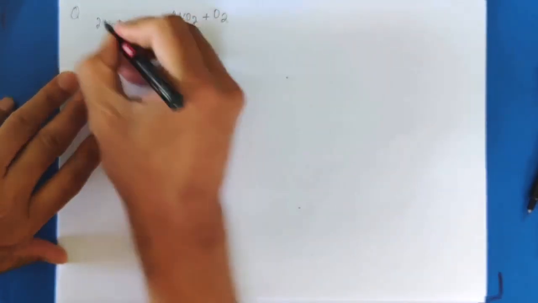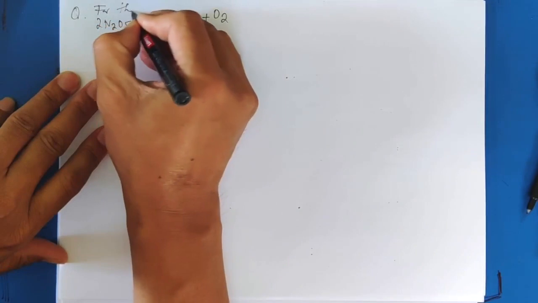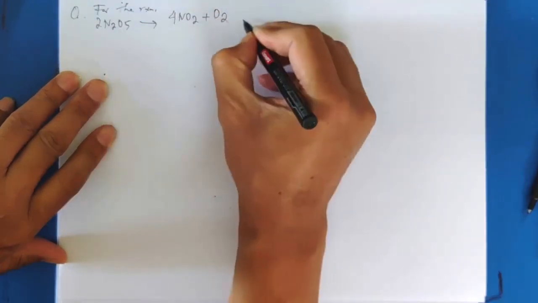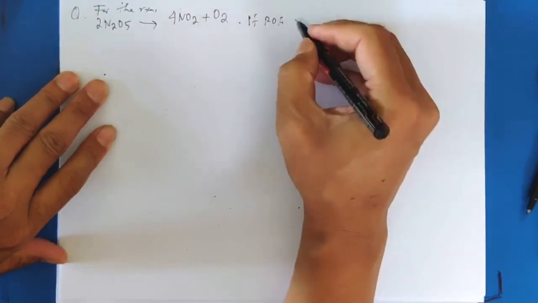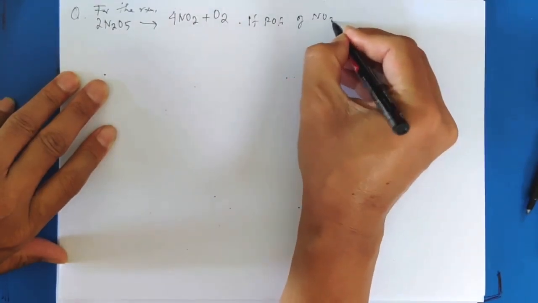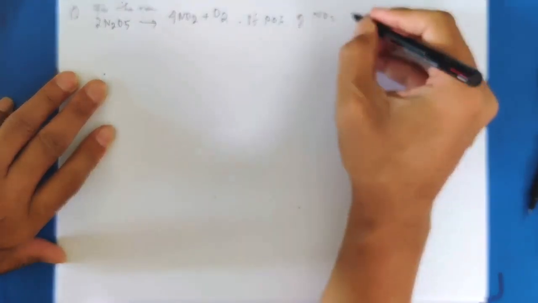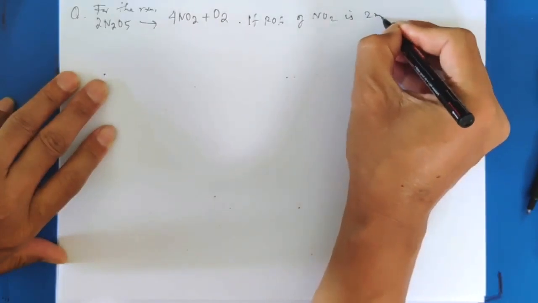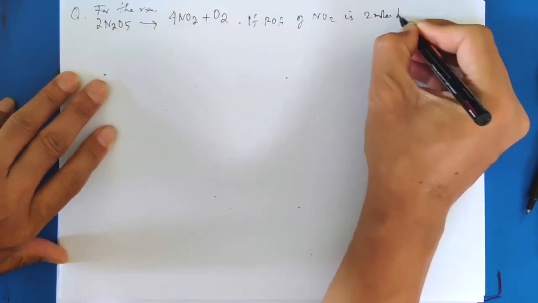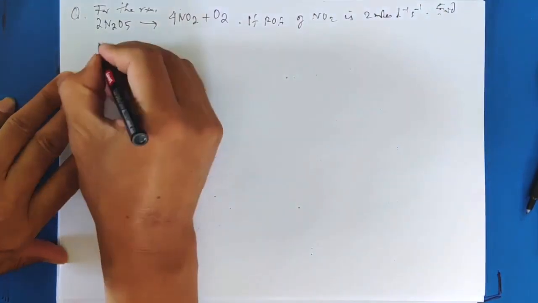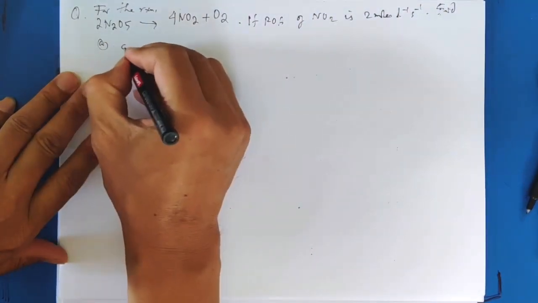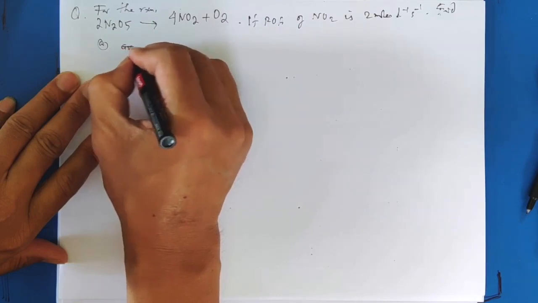For this reaction, if the rate of appearance of NO2, product, is 2 moles per liter per second, find the average rate of reaction.